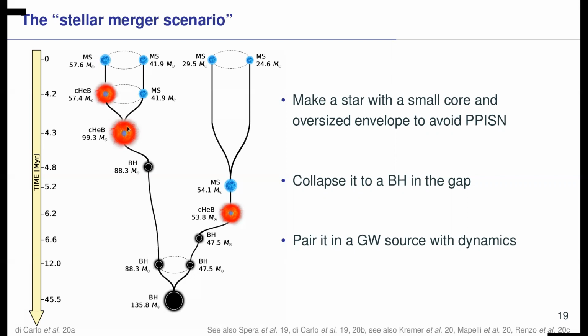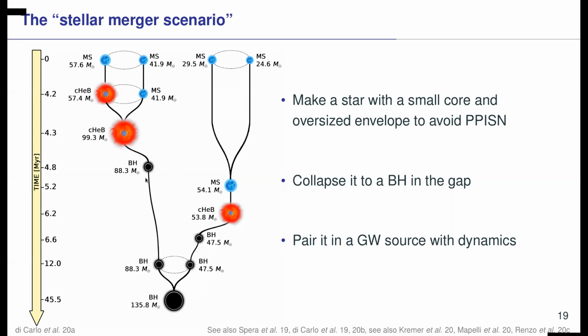So you now have a very big star with a very small core, and you assume that this star can hold on to its mass for its entire evolution. And then it collapses onto a black hole, swallowing the entire hydrogen envelope. And remember, I mentioned at the beginning that the fate of the hydrogen envelope is really the only thing where there is debate in the literature, not really the physics of pulsational pair instability.